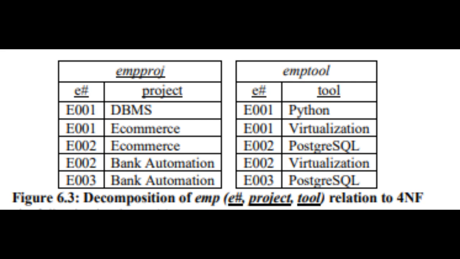Trivial MVD: an MVD X ↠ Y is called trivial MVD if either Y is a subset of X, or X and Y together form the relation R. The MVD is trivial since it results in no constraints being placed on the relation. For example, consider a relation dependent(E#, dependent#).